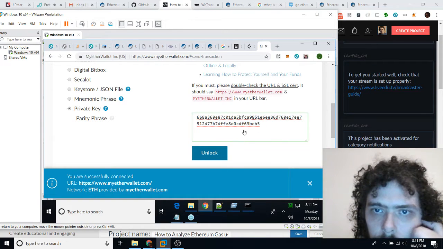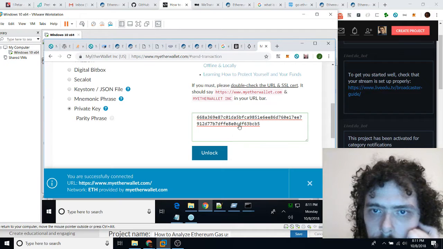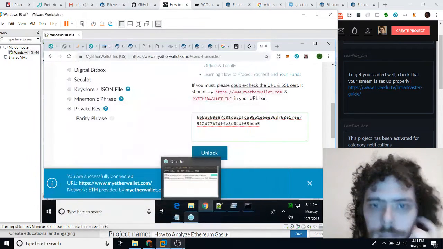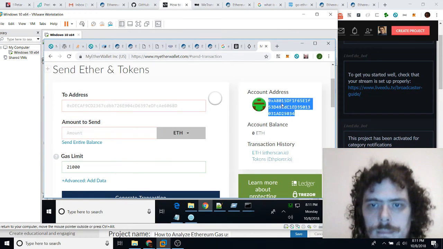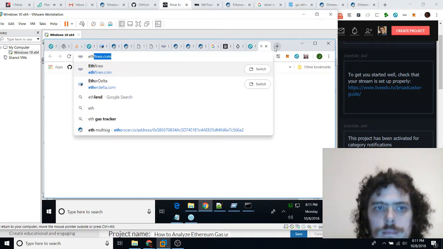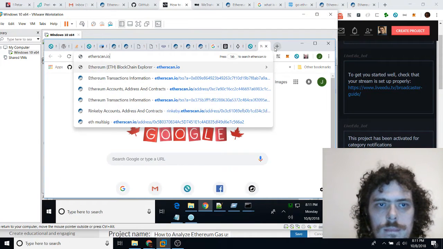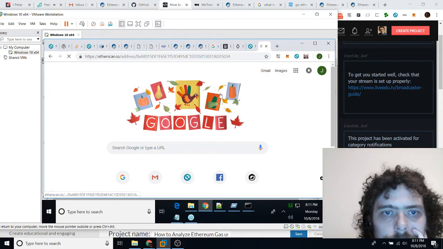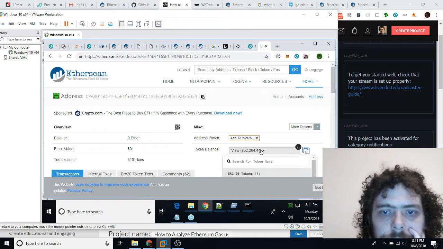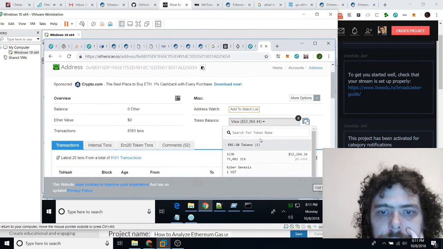So we need the public key to look up the address on Etherscan. So they still have $50,000 worth of tokens, which is 75,000 ICX basically, and a couple other tokens in here that are still left over.